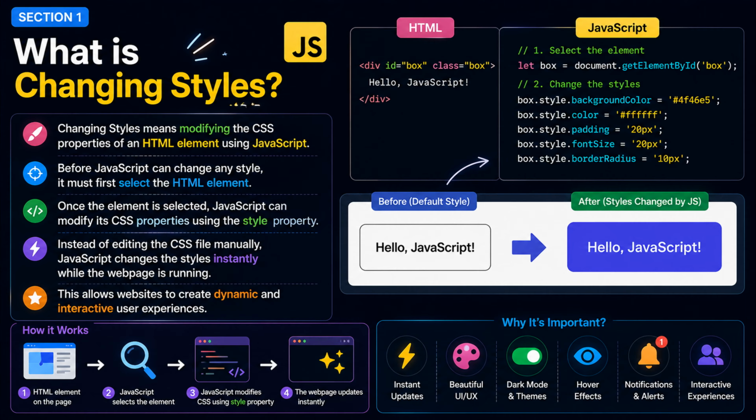Before JavaScript can change any style, it must first select the HTML element. Once the element is selected, JavaScript can modify its CSS properties using the style property. Instead of editing the CSS file manually, JavaScript changes the styles instantly while the web page is running. This allows websites to create dynamic and interactive user experiences.